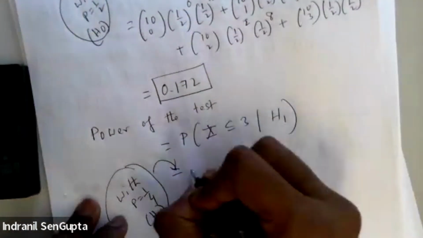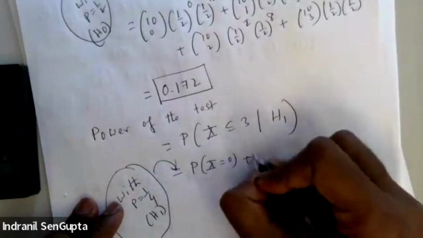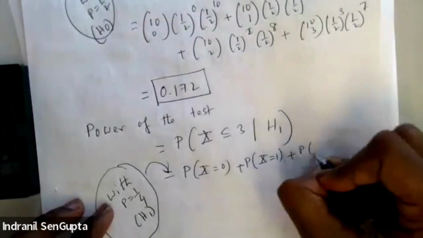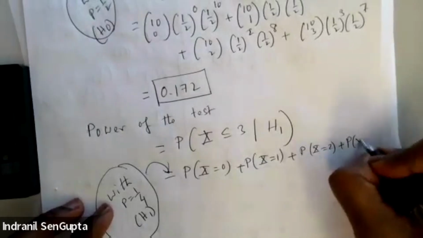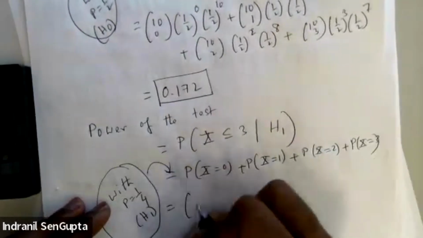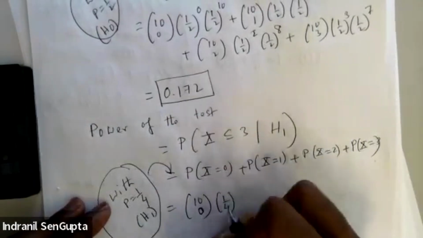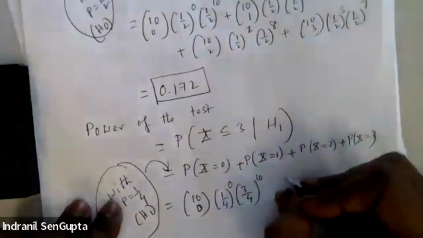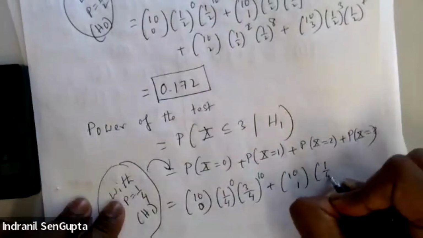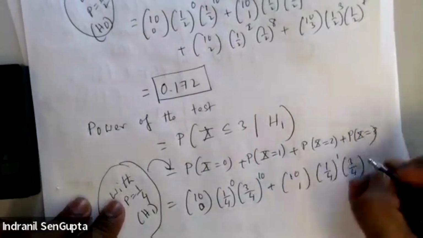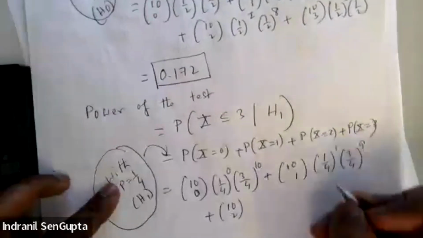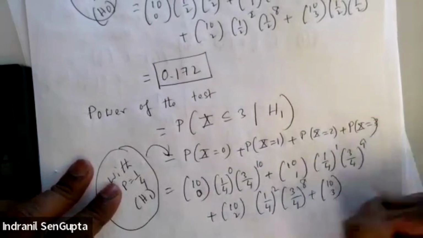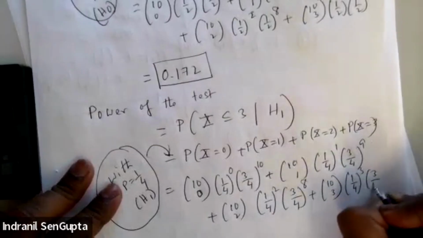So once again, this is P of x equals 0, plus P of x equals 1, P of x equals 2, and P of x equals 3, which is 10 choose 0, 1/4 to the 0, 3/4 to the 10, plus 10 choose 1, 1/4 to the 1, 3/4 to the 9, plus 10 choose 2, 1/4 squared, 3/4 to the 8, plus 10 choose 3, 1/4 cubed, 3/4 to the 7.